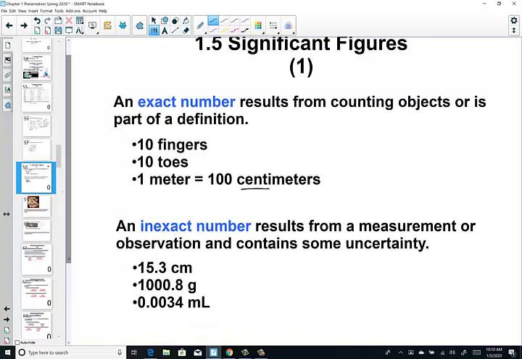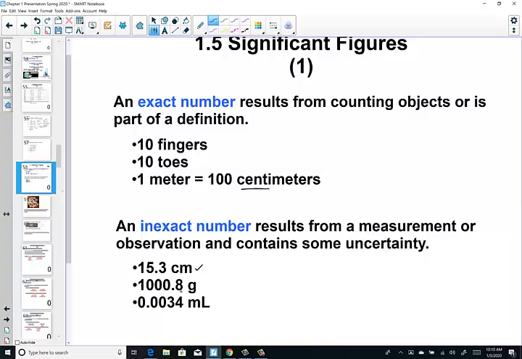Anytime we measure something, whatever instrument we use to measure has a degree of uncertainty, and therefore it's termed an inexact number. If I'm using a ruler to measure the length of a page, the ruler has a certain precision. I have 15.3 centimeters when I measured the length of a page.